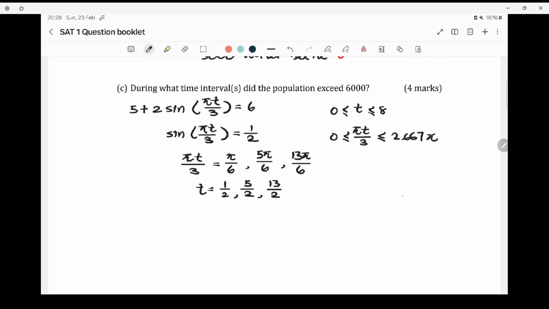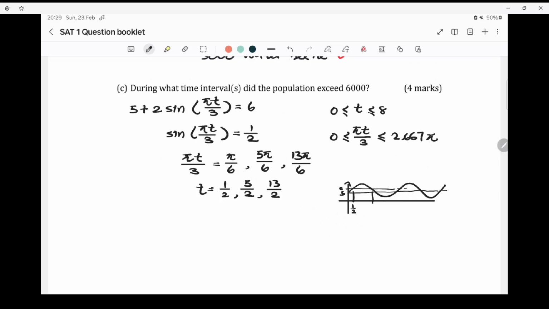So now let's look at your sine graph again. So this is 5, 6 will be around here. So we know that the first intersection, this one has to be 1/2.